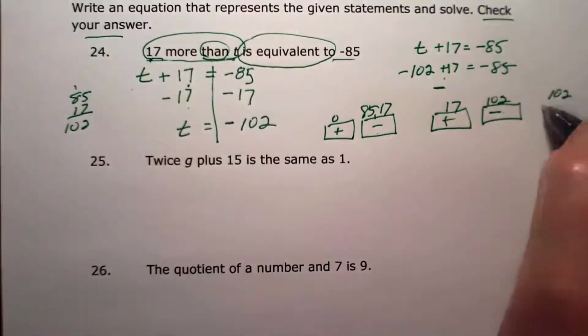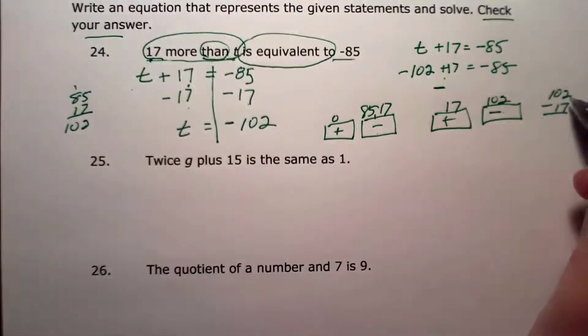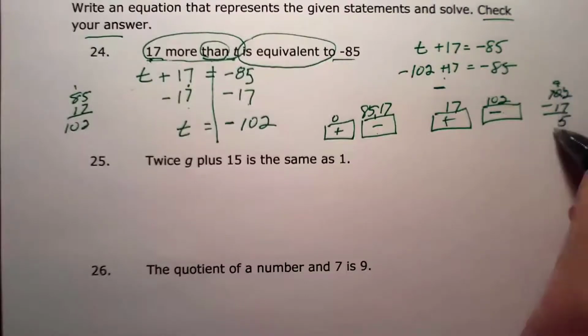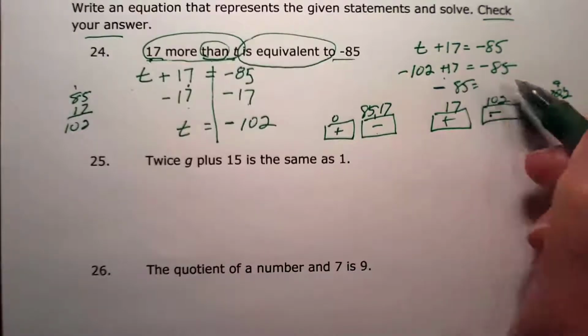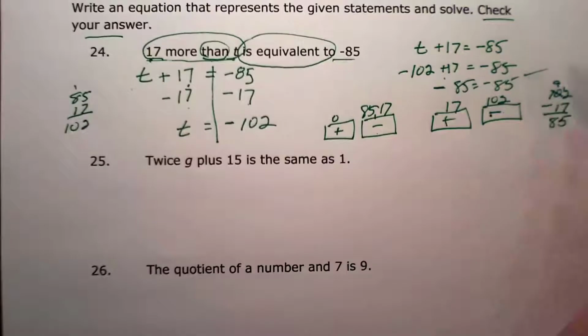And it's 102 minus 17. 12 minus 7 is 5. 9 minus 1 is 8. And because this was negative, my answer is negative, so it's negative 85 equals negative 85. So yes, it checked.